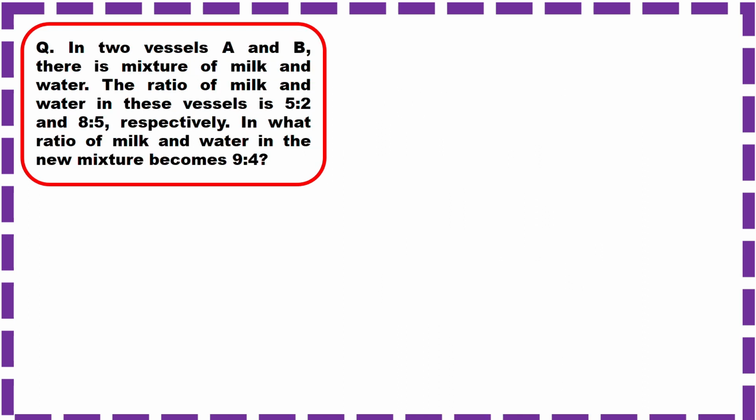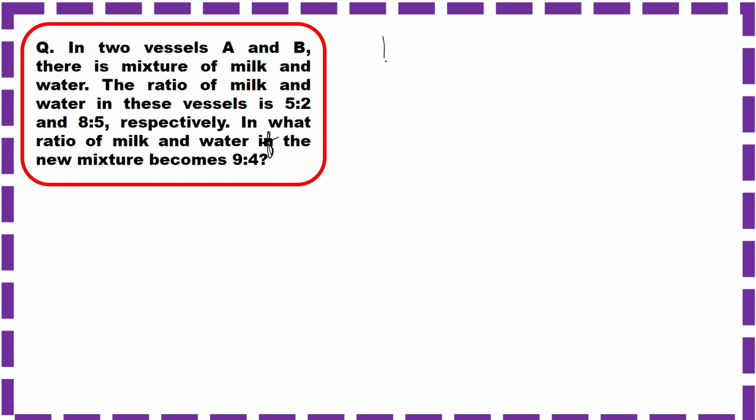Okay. In two vessels A and B, there is a mixture of water and milk. The ratio of milk and water in these vessels is 5:2 and 8:5 respectively. In what ratio must they be mixed so that the new mixture becomes 9:4? So we have 5:2 and 8:5.